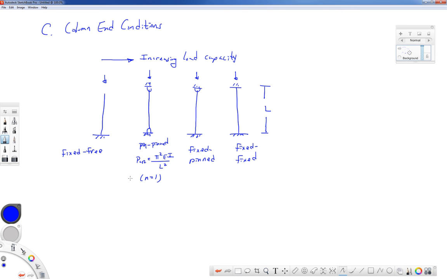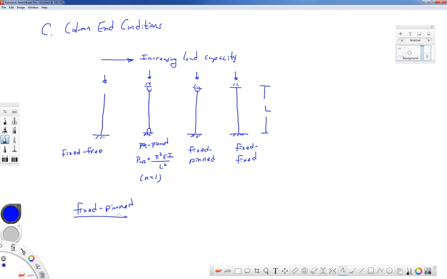So in a similar way, we'll have a buckling guide up at the top as we did with pinned and pinned, so that we can maintain the load directly above the lower support.